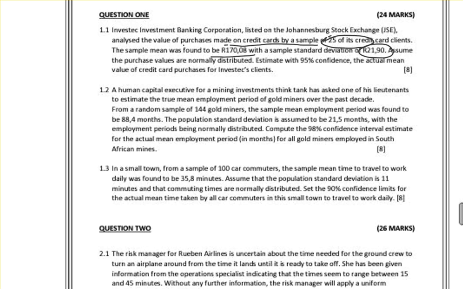First thing is, these three questions are forming a group, and you must know a few things. There are two kinds of numbers, small n and capital N. Small n is sample size, capital N is population size.